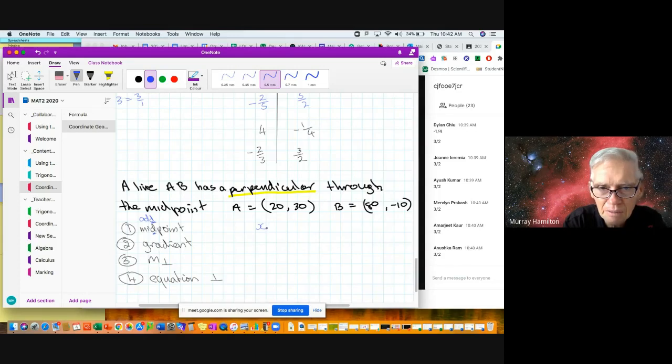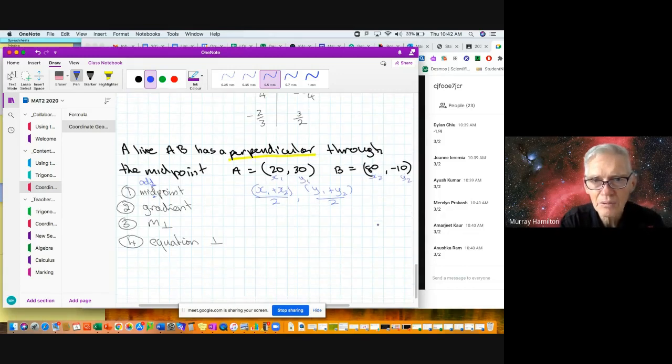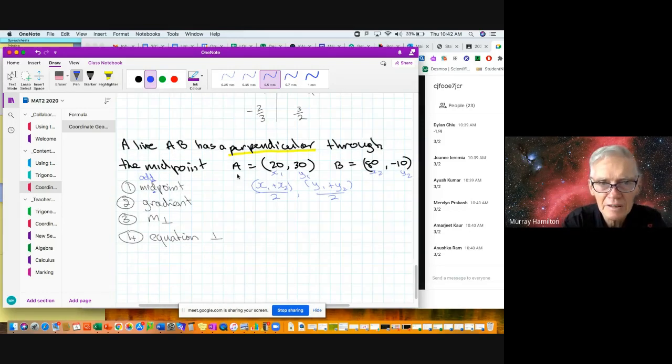So it's x1 plus x2 over 2, and y1 plus y2 over 2. That's my formula. So here's my x1 and there's my x2. Here's my y1 and my y2. So I'm going to do the midpoint here, and I'll write it down still in green. x1 is 20 plus 80 over 2, and 30 plus negative 10 over 2.